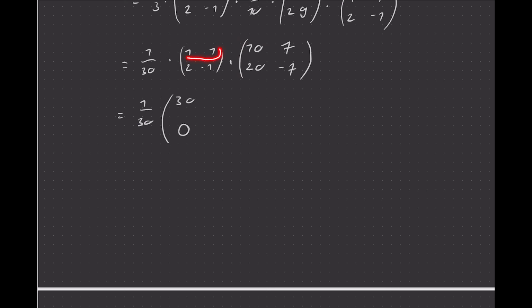Then first row, 1, 1 times the second column, 7 minus 7, that's 0. And finally, the second row, 2 minus 1 times the second column, that's 14 plus 7, that is 21. So the matrix that we get here is 1, 0, 0, and then we have 21 over 30, that's 7 over 10.